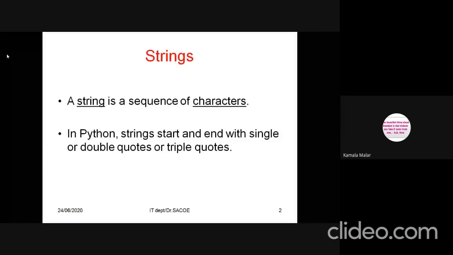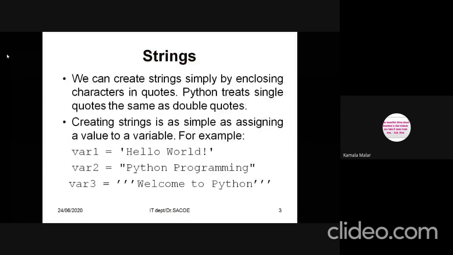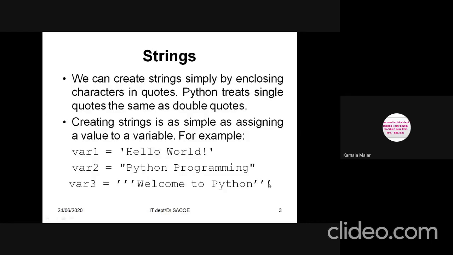This is one example of how you assign a string to a variable, var1, 2, 3 likewise. If you put three single quotes, you close with three single quotes. If you put single quotes followed by double quotes, likewise we close with double quotes followed by single quotes. This is the procedure for assigning a string to a variable.